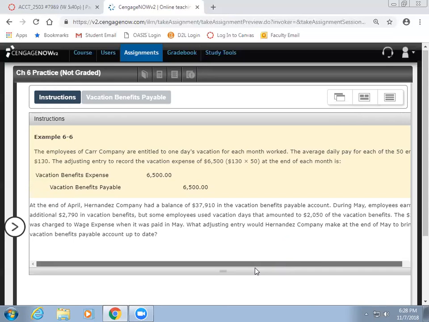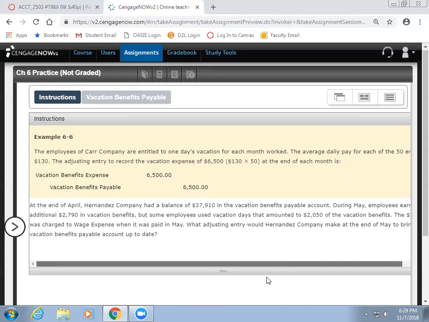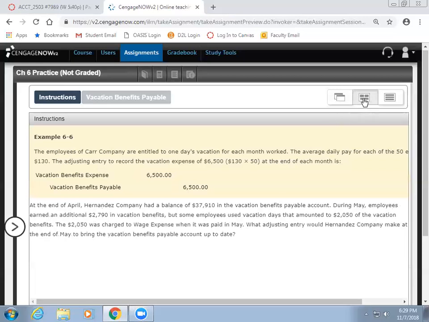But at the same time, some employees used vacation days that amounted to $2,050 of the vacation benefits. The $2,050 was charged to wages expense when it was paid in May. What adjusting entry would Hernandez company make at the end of May to bring the vacation benefits payable account up to date?